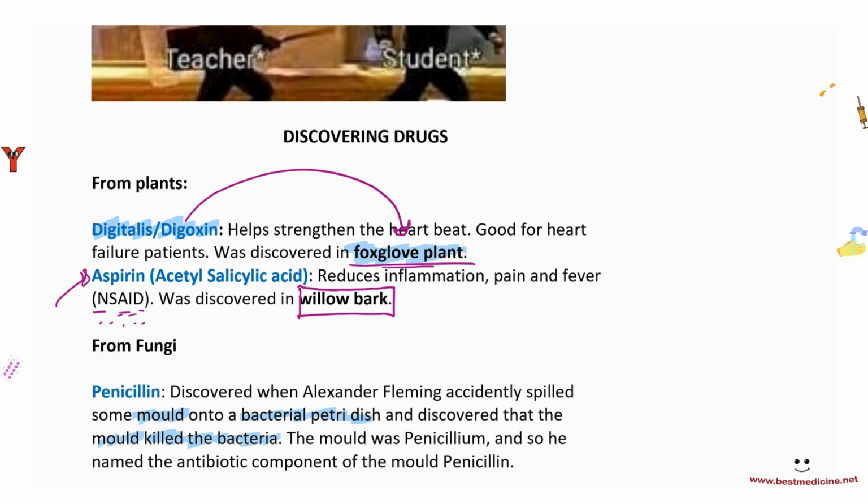He was experimenting, and then this accident happened, which was a wonderful thing for all medicine, that he spilled some mold and it ended up killing the bacterial colony. So the mold was penicillium, and he named the antibiotic component of the mold, which would kill the bacteria, penicillin. It comes from the penicillium mold, penicillium fungi. So that is another one of those questions that can come up.